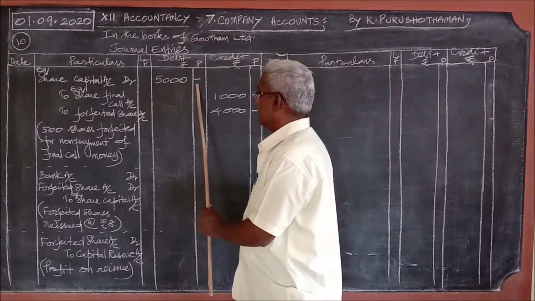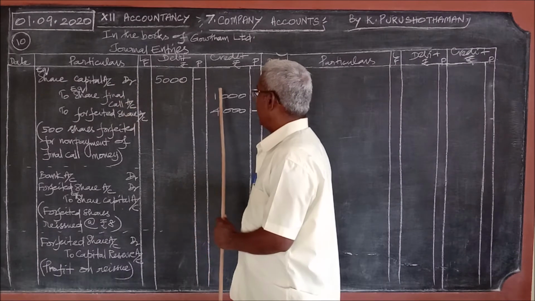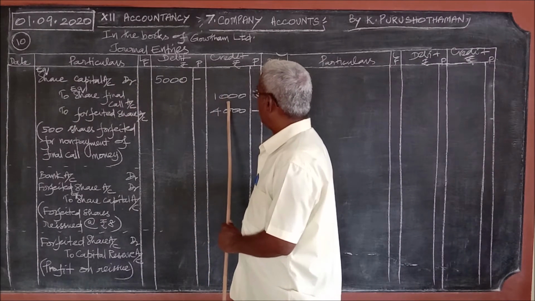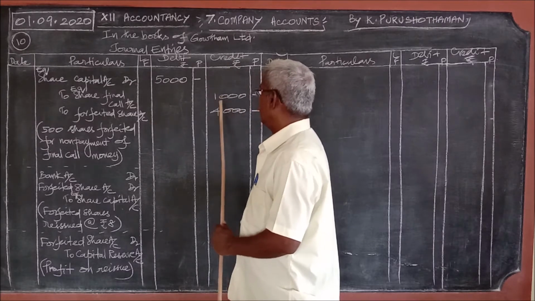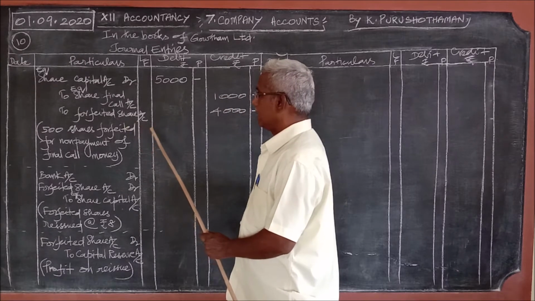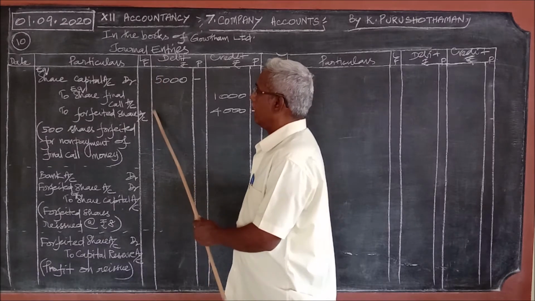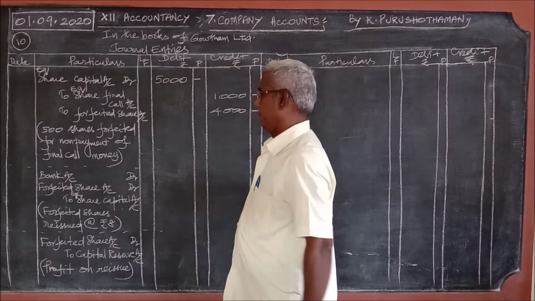Right, we have written. But final call money 500 into 2, 1,000, we have written. Therefore, the balance is here, 4,000 rupees. This is the journal entry for forfeiture of shares.